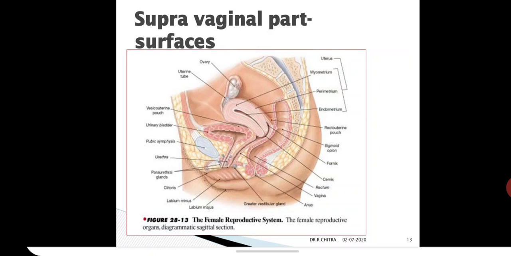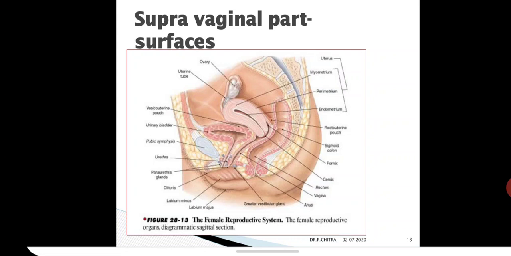So you try to observe this pouch in between the uterus and the rectum. It is called the rectouterine pouch or pouch of Douglas, and it is the most dependent part of the pelvic cavity in the supine position, and it is related to sigmoid colon and small intestine.